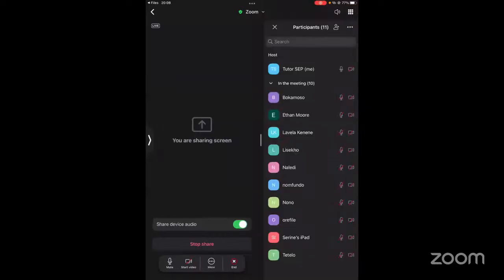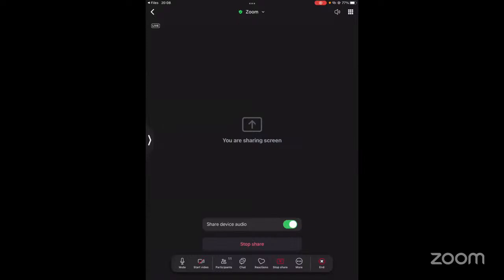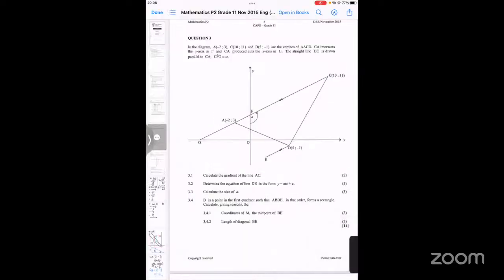Okay, then it's fine. So that means now you can work on the first question, where they want you to calculate the gradient of line AC. So very quickly work it out. For this one, you won't need to send me pictures. Just comment in the comment section. You just say M is equal to that.